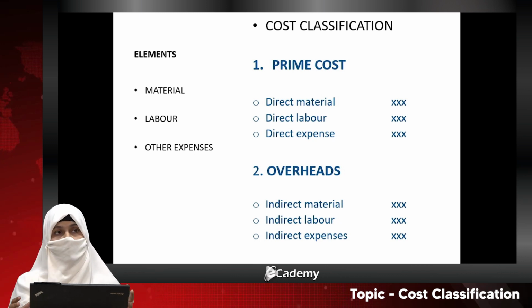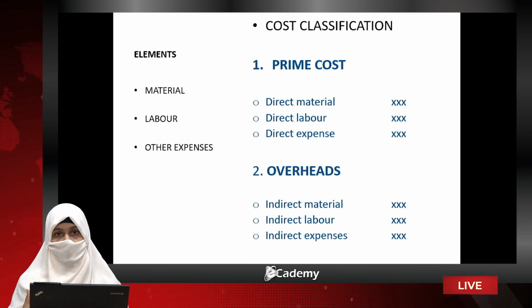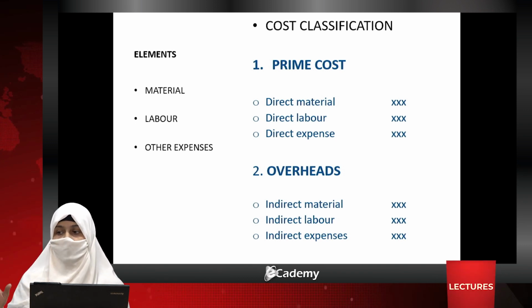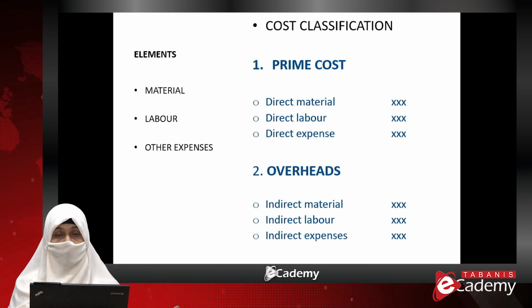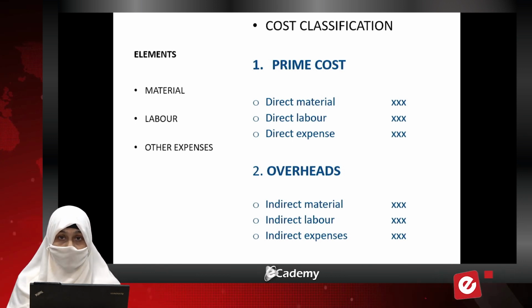So likewise, if I have a transportation business in which I deliver goods from point A to point B, the driver would be a direct worker for me, because he is the one who is directly involved in the operations which I am dealing with.